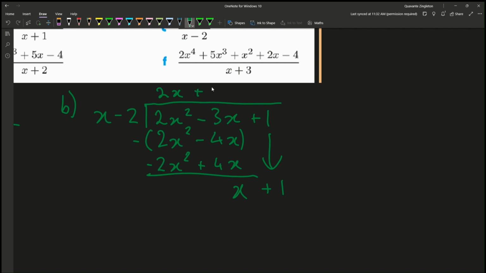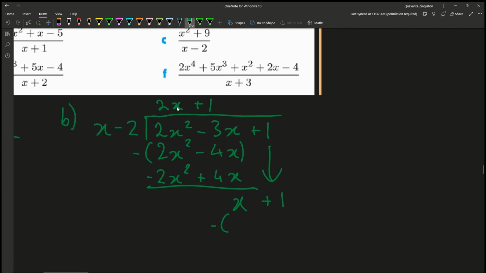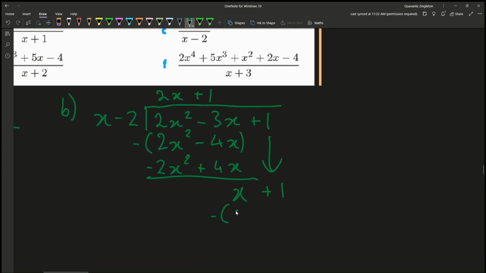So I go plus 1, and then I just check, okay, I do my little negative bracket, and then we do an x here, because x times 1 is x. Now, negative 2 times positive 1 is negative 2.